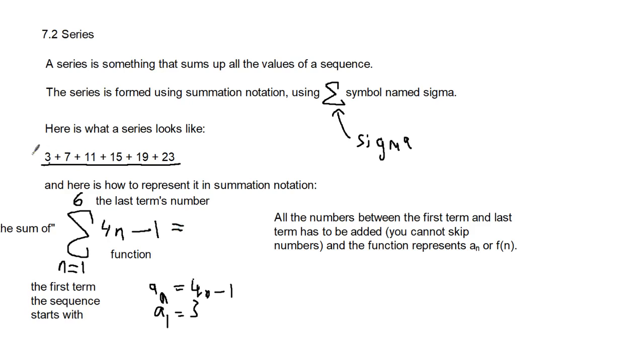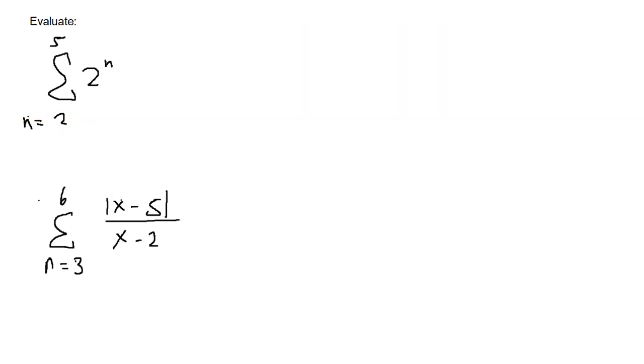So the actual answer to this is 78, which is quite big compared to the small group of numbers you see. So this summation notation actually goes up pretty quickly as you go on through the series.